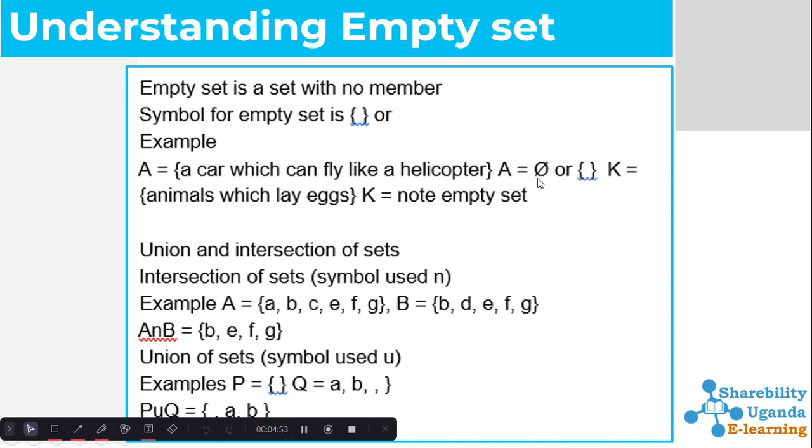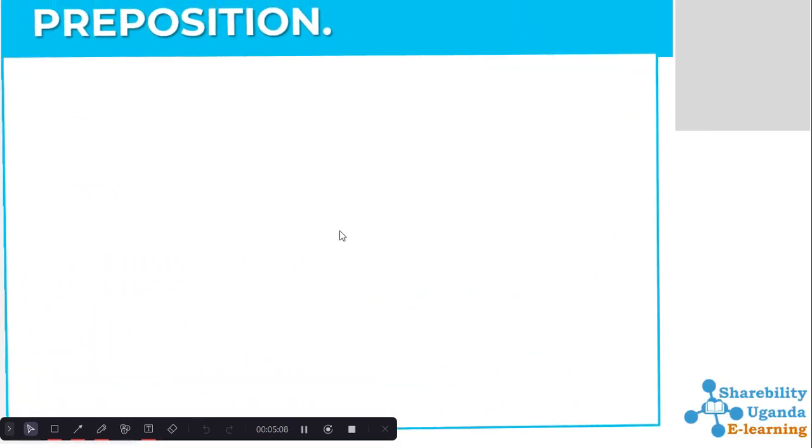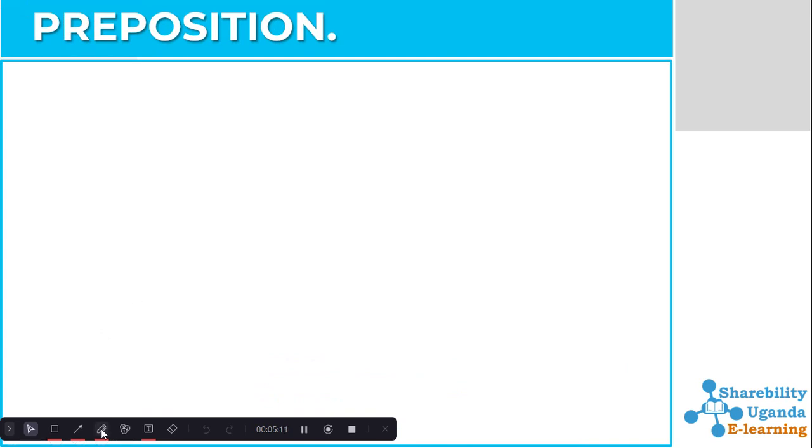In writing an empty set, we can show this in various ways, that is through the use of symbols. Let me demonstrate it here very well so that everyone can see it. We are dealing with empty sets.